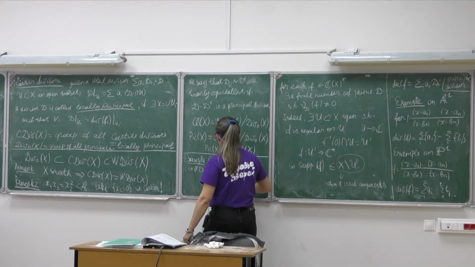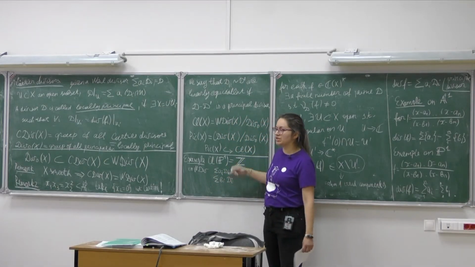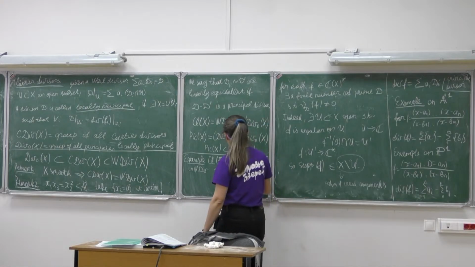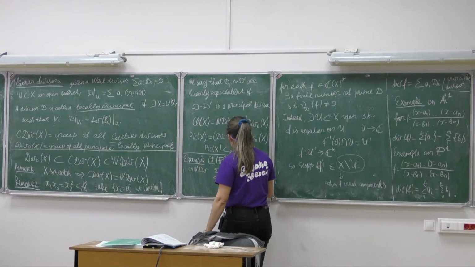If they contain different sets of divisors, I can just take a union of them with zero coefficients.